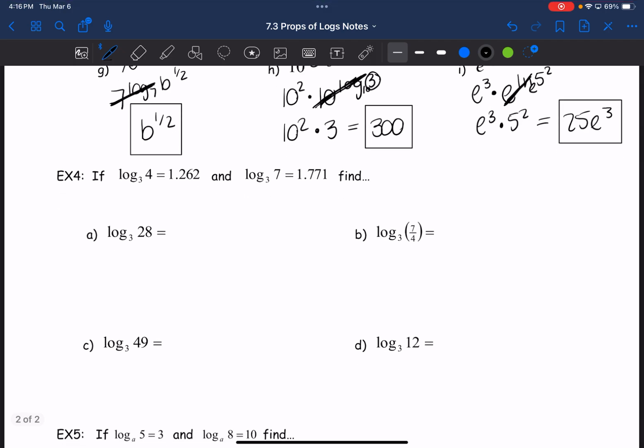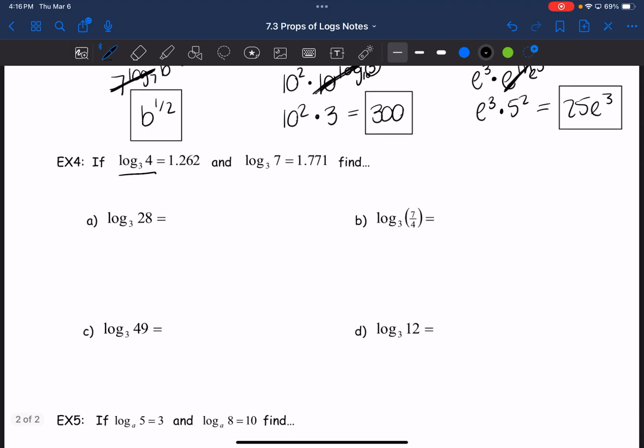All right. For this section, we are given log base 3 of 4 and log base 3 of 7. So we're going to want to rewrite these terms so that we can replace them with these decimals to simplify. So I know I can rewrite 28 as 4 times 7. So this would be log base 3 of 4 times 7.